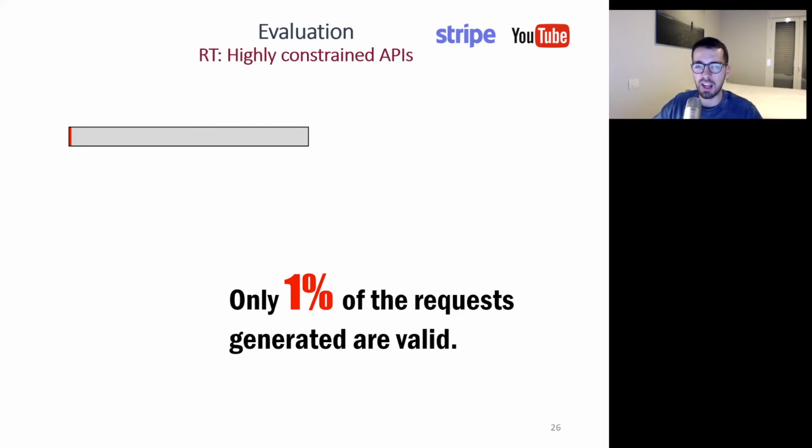So there are some highly constrained APIs, like some services in the Stripe and the YouTube APIs. And when you are performing random testing on those, you're only getting 1% of valid requests overall. This is extreme. And in the case of these APIs, you can get a huge improvement by using constraint-based testing, where you get 100% of valid requests by default.